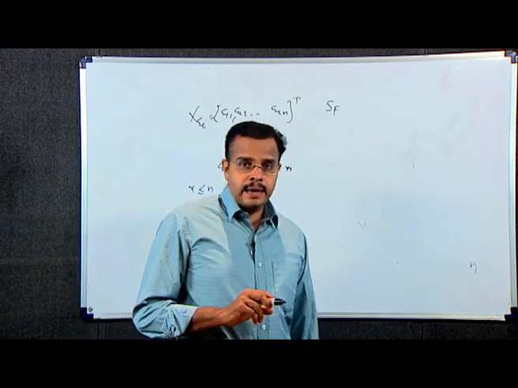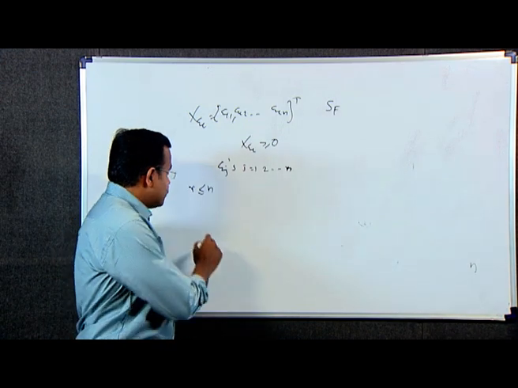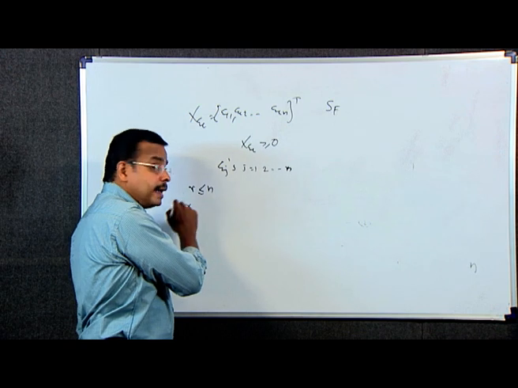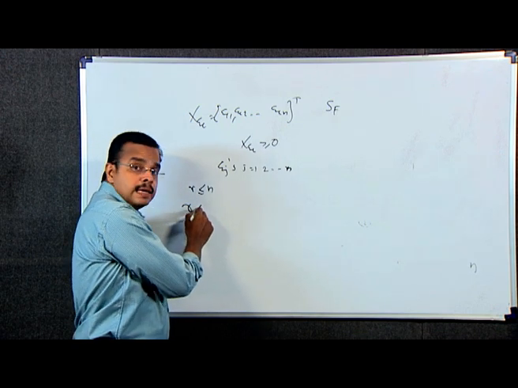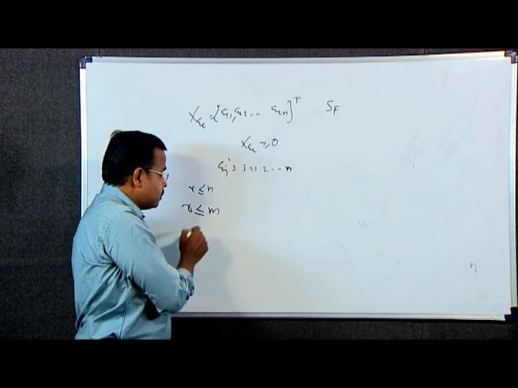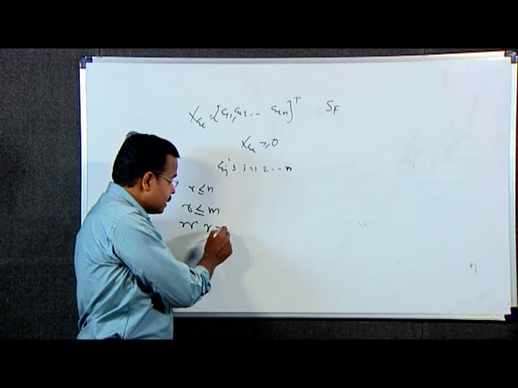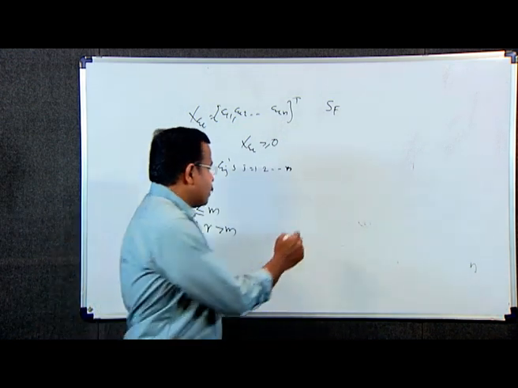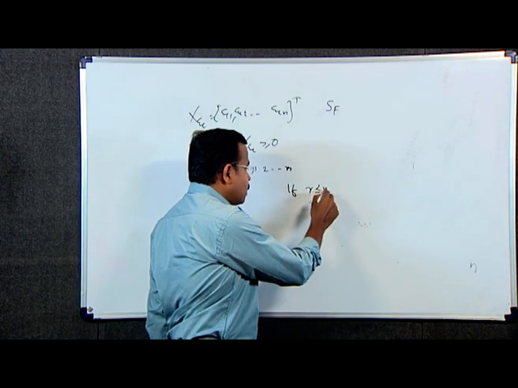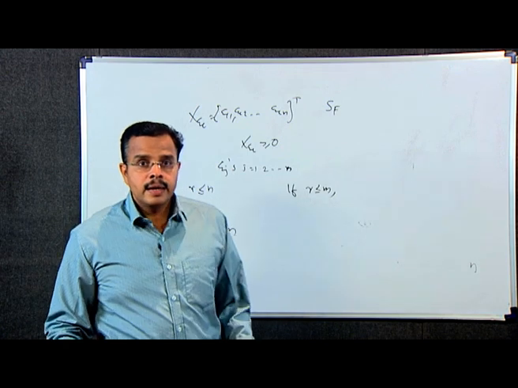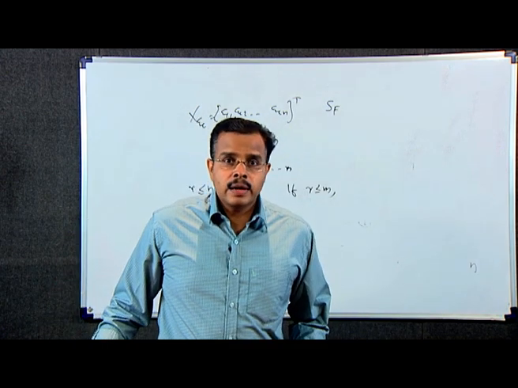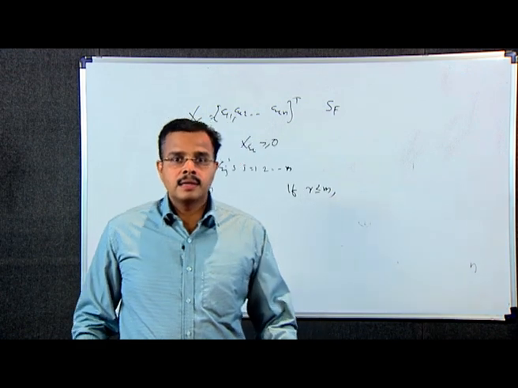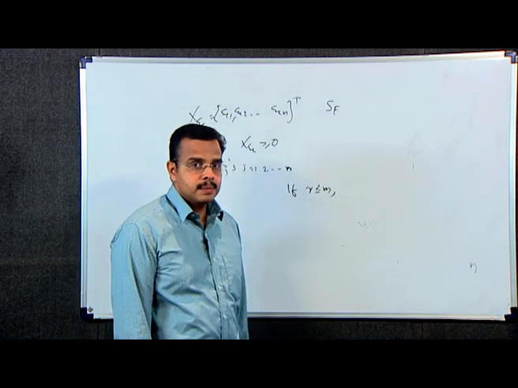Since m less than n, either r less than or equal to m or r greater than m. If r less than or equal to m, then x psi is obviously a basic feasible solution, and so the theorem holds.